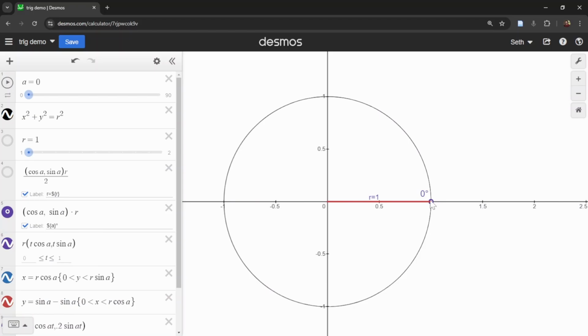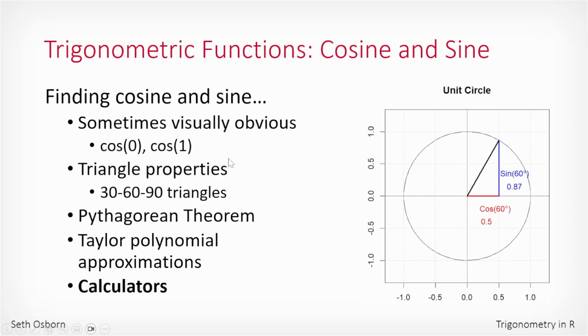So here, for 0 degrees, you don't need to do any calculations. You should just be able to see cosine is 1 and sine is 0. Similarly here, cosine is 0 and sine is 1. So sometimes it will be just visually obvious.